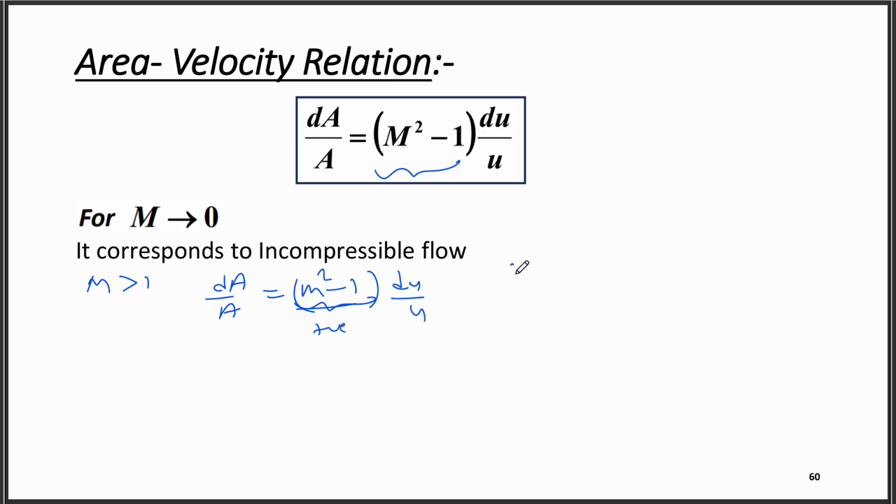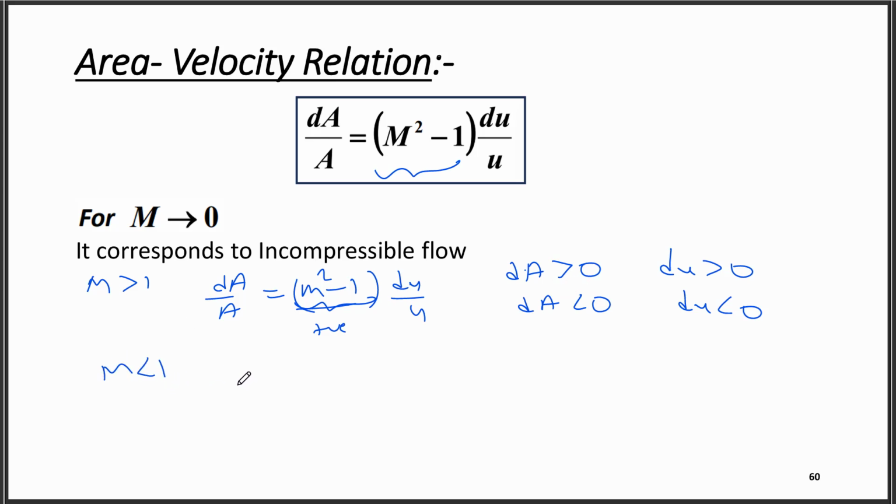So if dA is greater than 0, then du will also be greater than 0, and if dA is less than 0, then du will also be less than 0. It means that if area is increasing, then velocity will increase. If area is decreasing, then velocity will decrease.